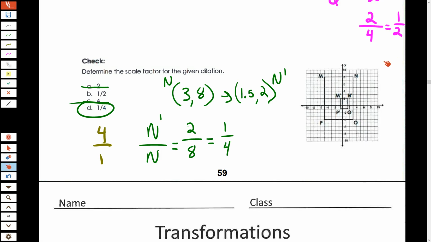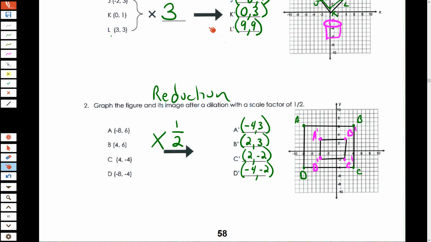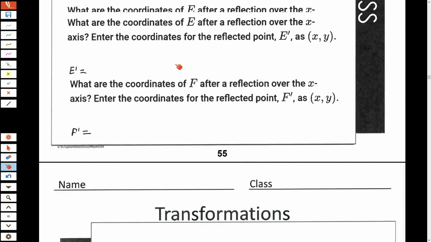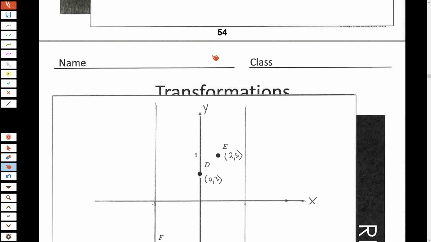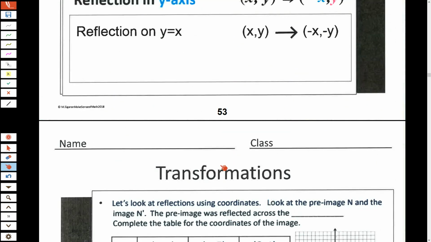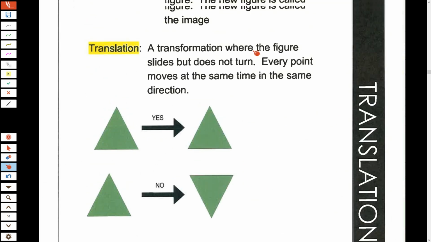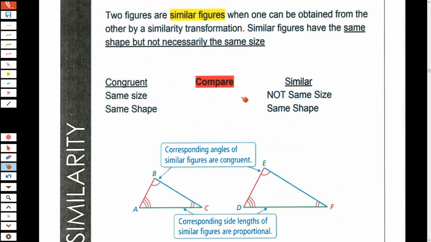All right, that is really all there is to scale factor. So go back in your notes to the page where we have all of our cheat sheet rules, and I'm going to write the rule for dilation for you. It's a lot of scrolling.